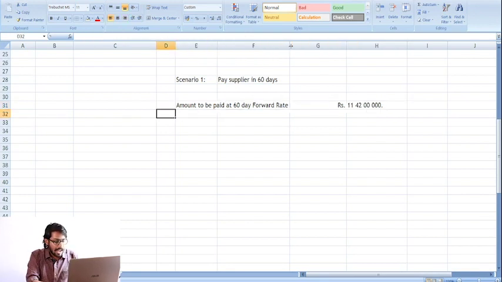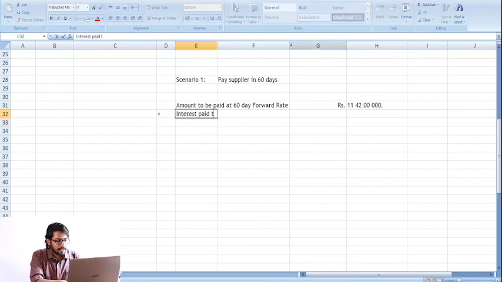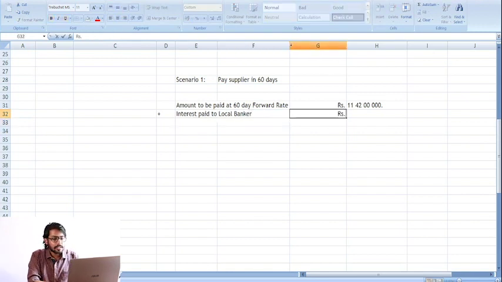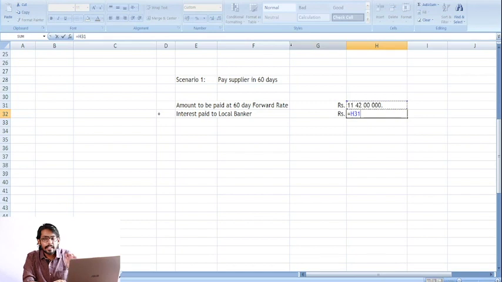Additionally, add the interest paid to the local banker, in rupees. On this 11 crore 42 lakh, you have to pay interest for an additional 30 days.